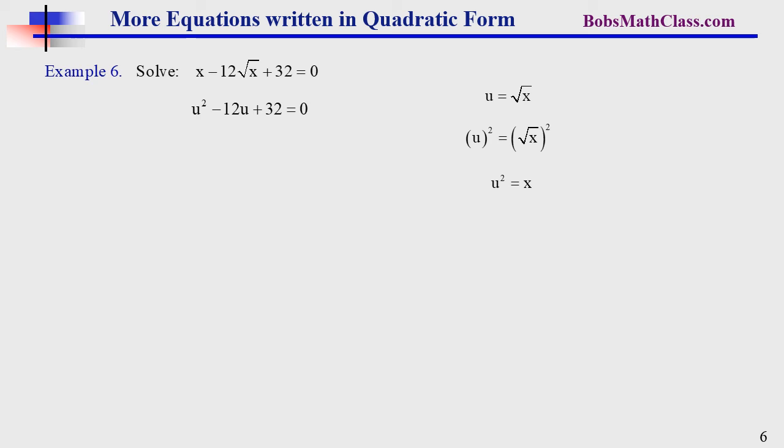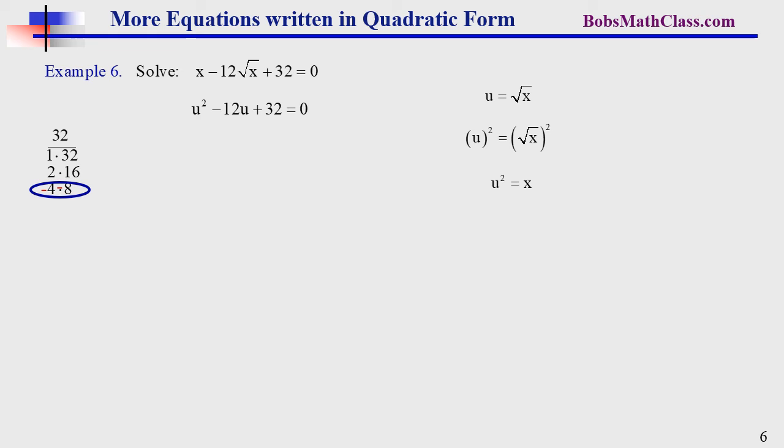Okay, we could factor this. Let's see, 32, 1 and 32, 2 and 16, 4 and 8. I think that's it, yeah. All right, it's a positive 32, so which pair will add to be 12? Yes, the 4 and 8. How about our signs? We want it to equal a negative 12?